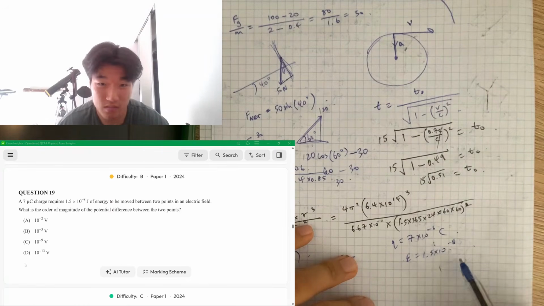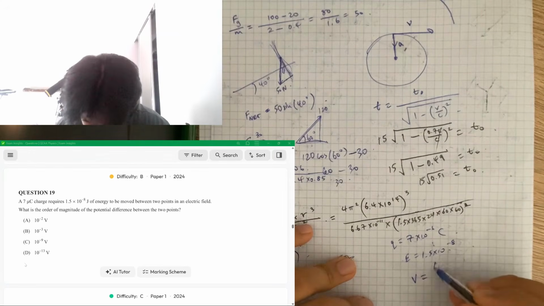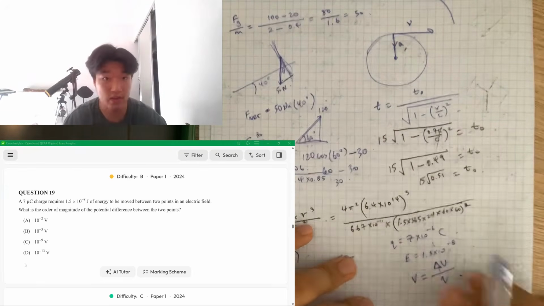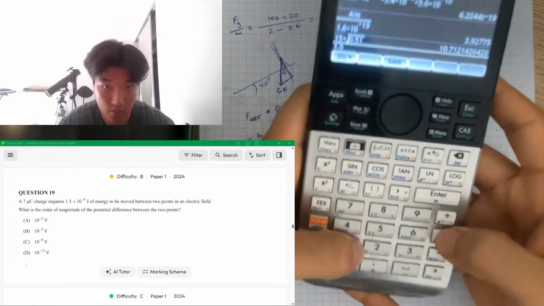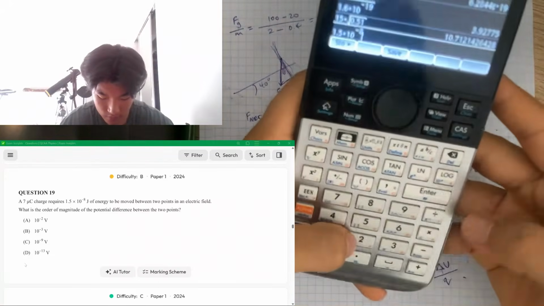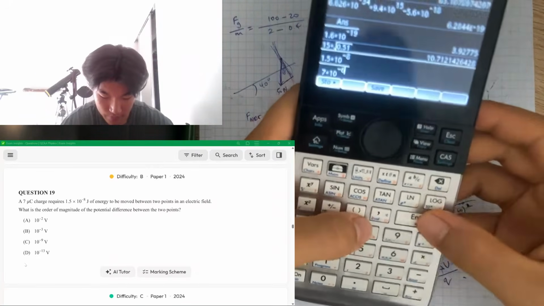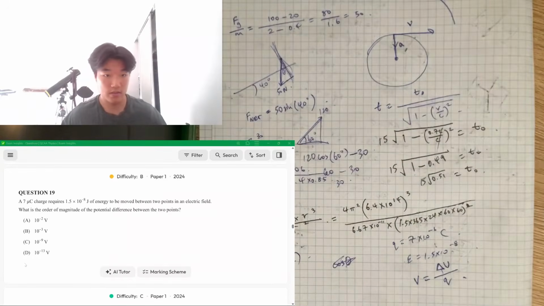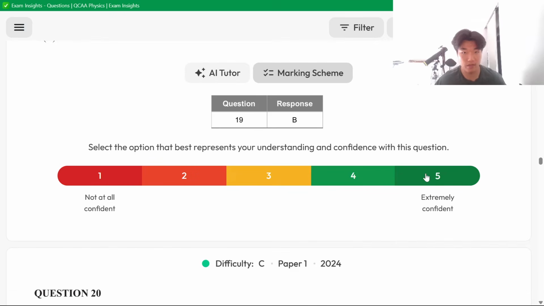Voltage, I think on the formula sheet, can be represented as the change in internal energy over charge. So I think that's what we use. So in this case, it's just 1.5 times 10 to the negative 8 divided by 7 times 10 to the negative 6. I believe that's the correct answer. So in this case, what you'd have is B, because that's the order of magnitude.